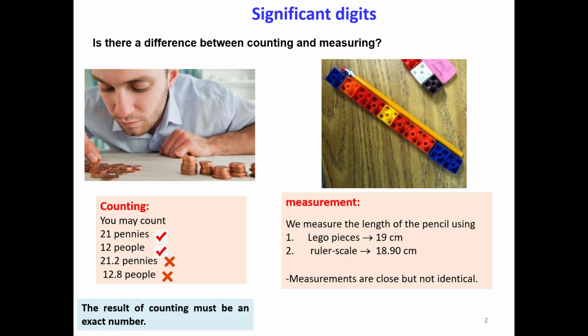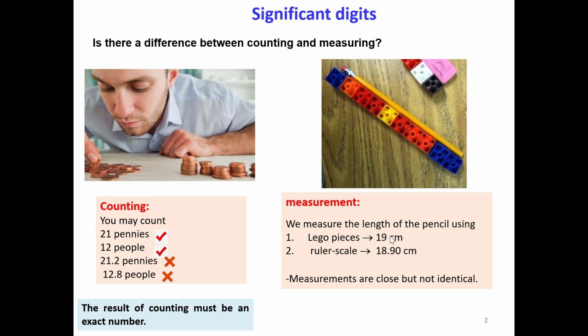If each Lego is 2 centimeters and we have 10 Legos, then we can say the length of the pencil is about 19 centimeters. 2 times 10 is 20, but we can see here it is more or less half of the last Lego, so we can estimate the length of the pencil is 19 centimeters.